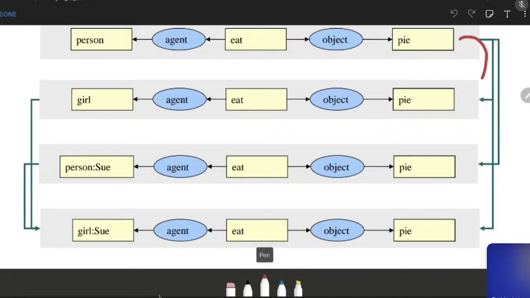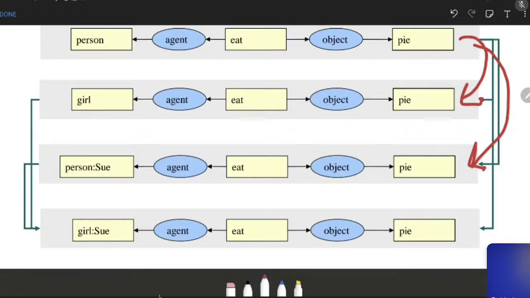The second graph is a restricted form of the first graph. And how is it restricted? You replaced person with a girl. Girl is a specialized form of person. So that is how the second graph is a restricted form of the first graph. If you look at the first one and the third one, here they've replaced person with person Sue.